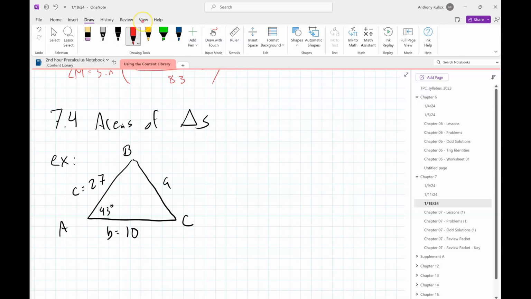Now you might remember from geometry, what's the area formula for a triangle? Oh, come on, guys. The area formula for a triangle?